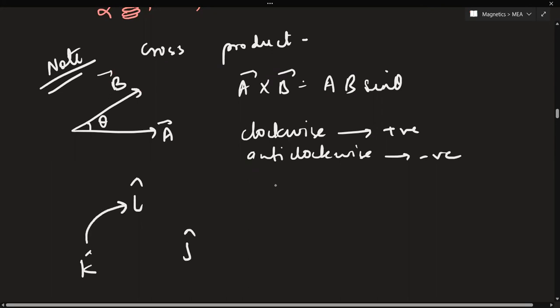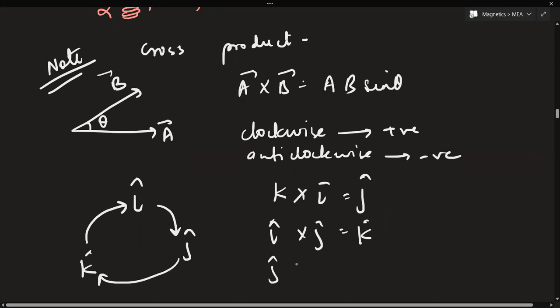So let's move from here. k cross i cap gives you positive j cap. Just a revision. I think most of you must be knowing this. Just a revision for all those who have forgotten, because cross product is used in this lesson, especially in Biot Savart. Then i cross j gives you, whatever is left, k cap, with a positive sign because we are moving clockwise. j cross k gives you i cap.